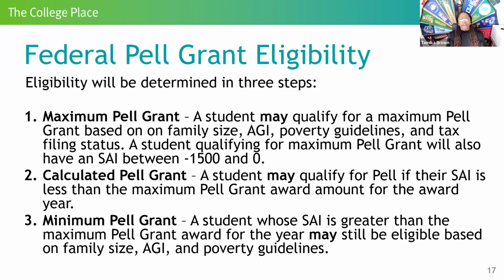Federal student aid and the financial aid offices at the schools can determine if a student can qualify for a minimum Pell Grant, even if their SAI is higher than the maximum Pell Grant being awarded that year. So 3 categories: max, calculated, and minimum. Minimum, I think, is a game changer for a lot of different folks because it considers them for the Pell Grant, whereas historically they may not have been considered just based on their EFC.